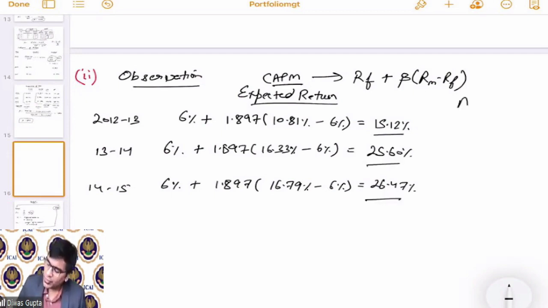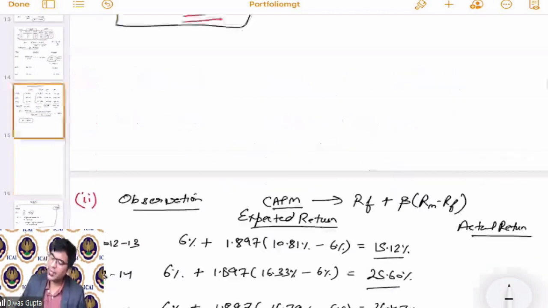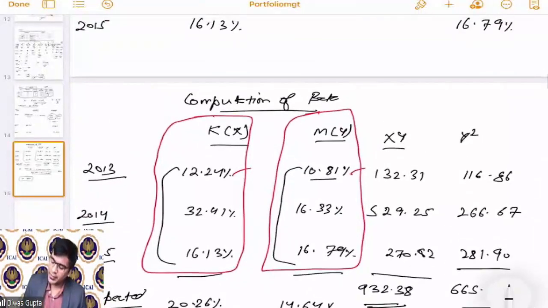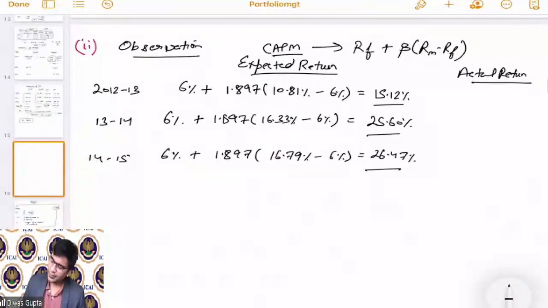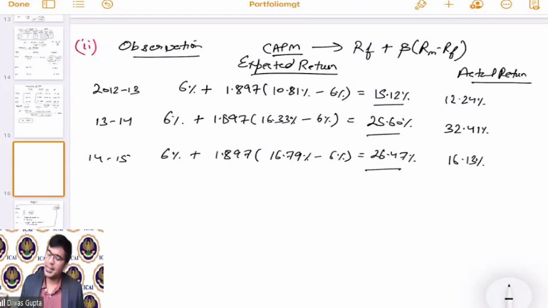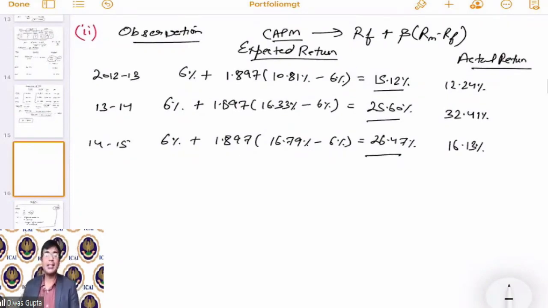Now we also have the actual return, which we have also calculated for the security: 12.24, 32.41 and 16.13%. Now students, Jensen's alpha says that you have to compare the expected return and the actual return.